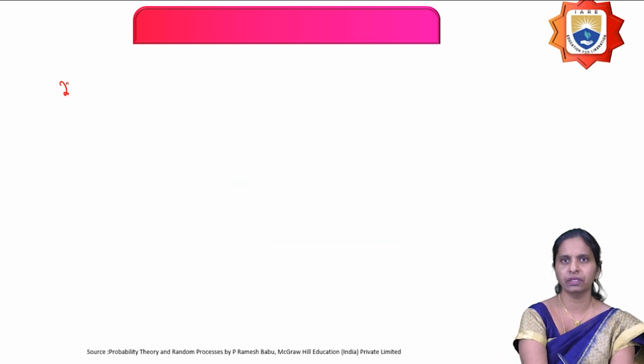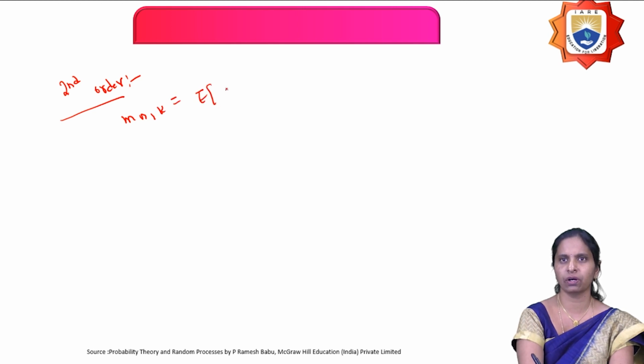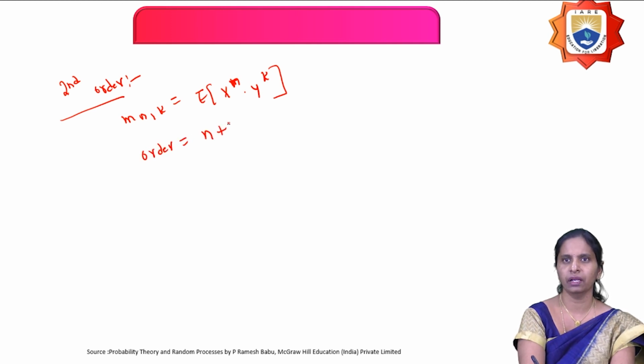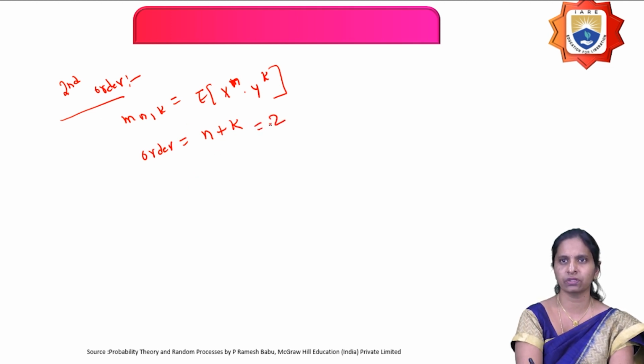Now, we'll go for second order joint moments about the origin. The formula is expectation of x power n into y power k, and the order is n plus k. Second order means n plus k equals 2.